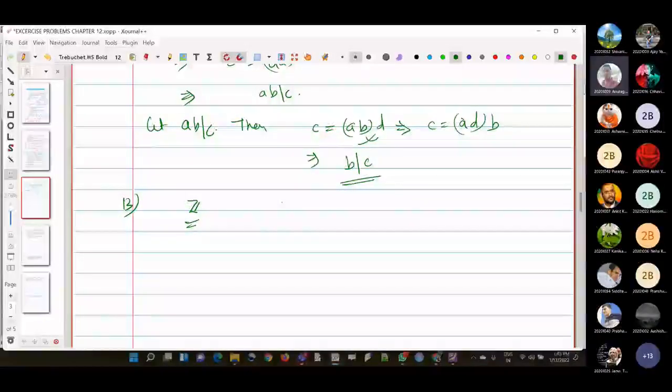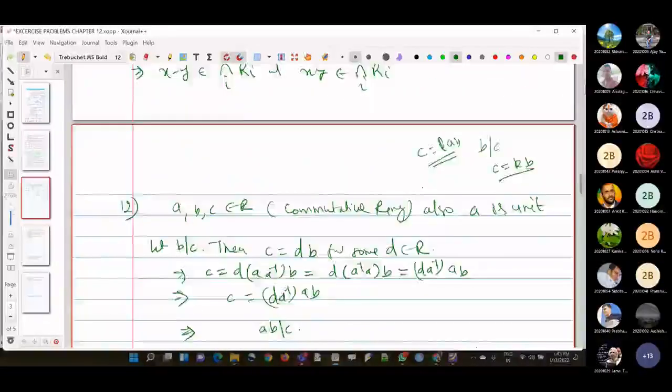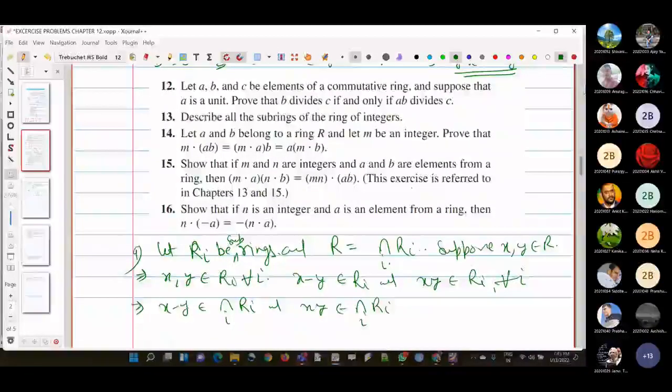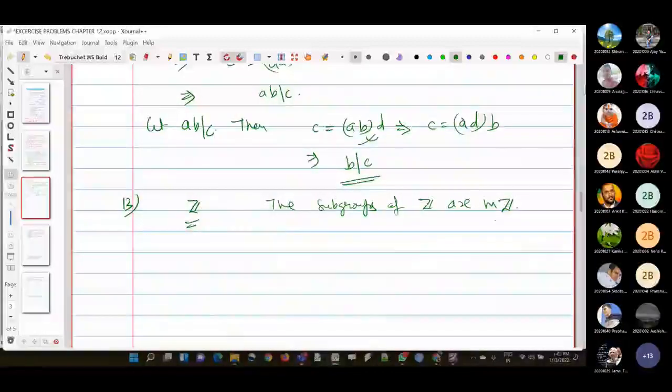Yes, nZ, n positive. The subgroups of Z are mZ. Okay, what did they want? Describe all subrings. Because they are commutative, closed under multiplication and associative also, so they are going to be subgroups.